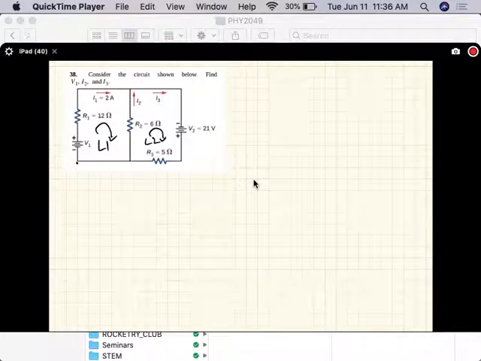Again, we'll start off at this corner and go around clockwise.